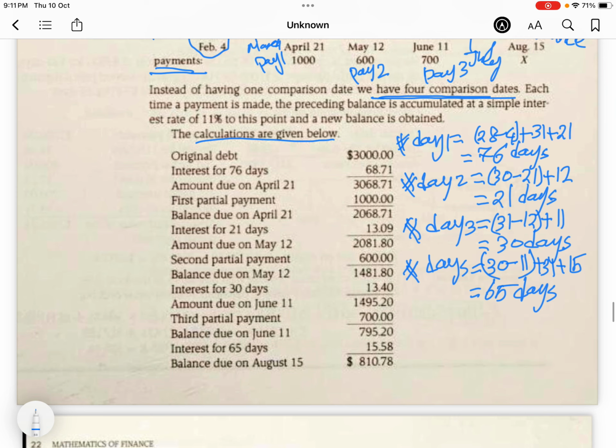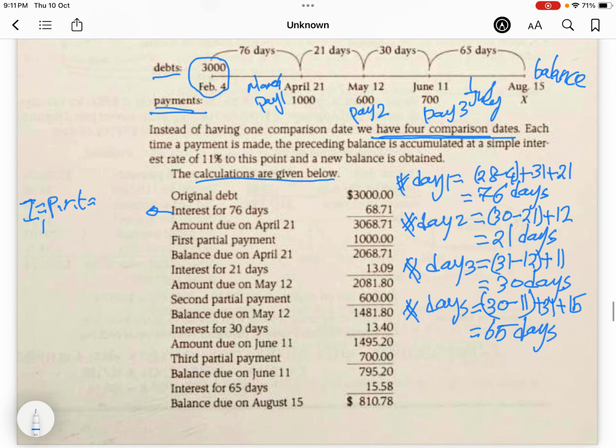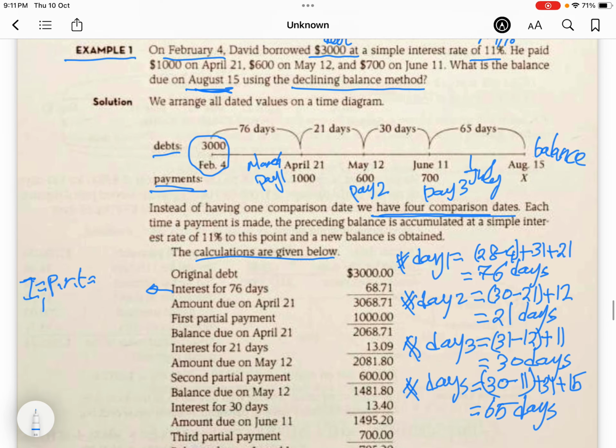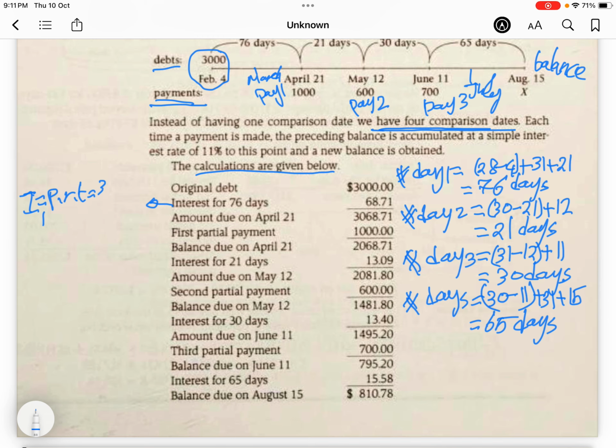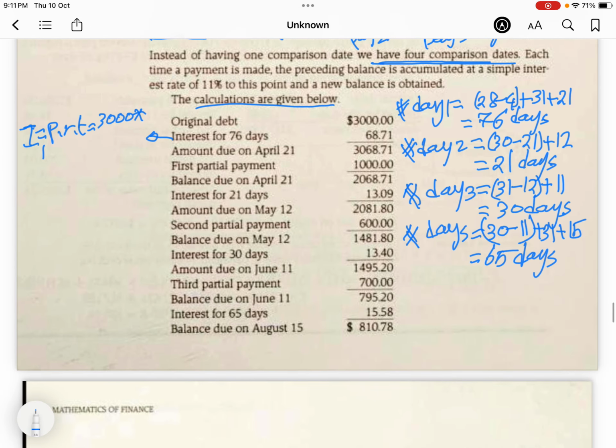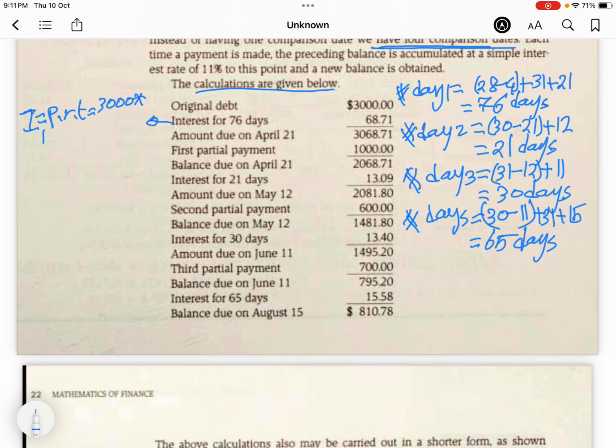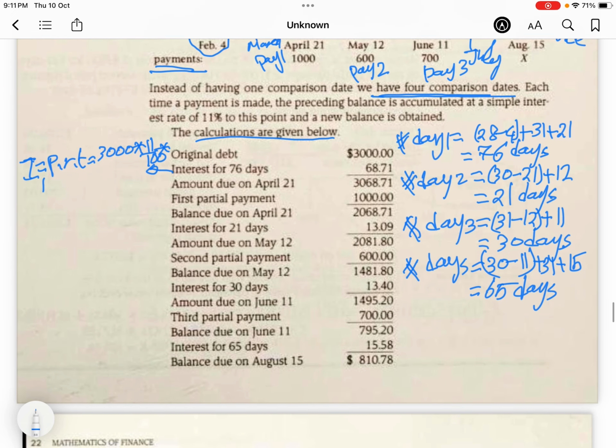Now, in order to find the interest, I1 equals P times R times T. P, you have it, $3,000, multiplied by R, 11 over 100, multiplied by the first T, 76 over 365.